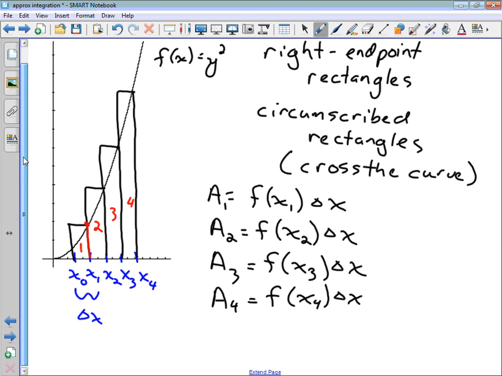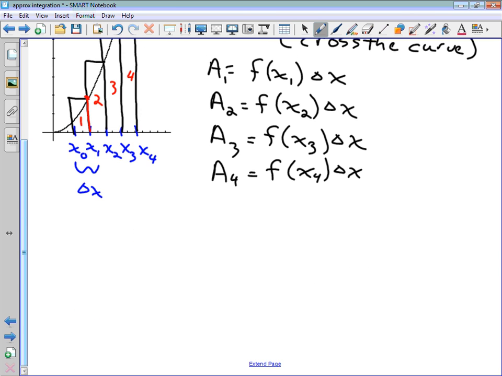So if we put all of this together, we can say that our total area is going to be the sum as i goes from 1 to 4 again, of f evaluated at x i times delta x.